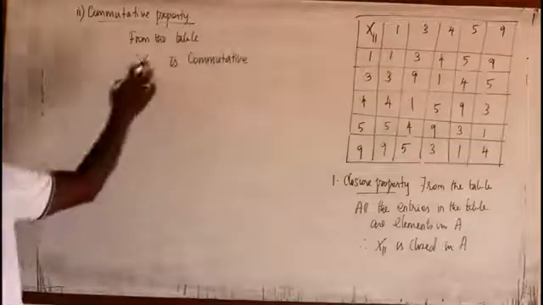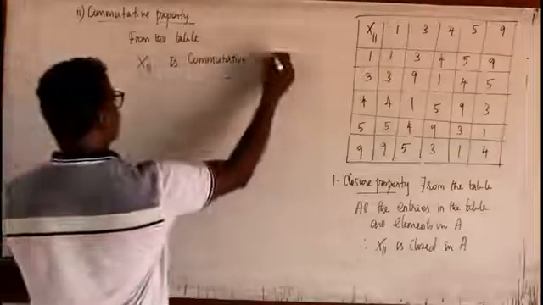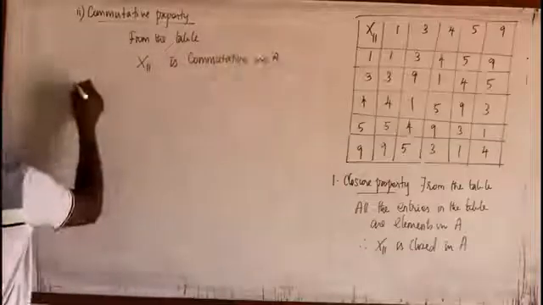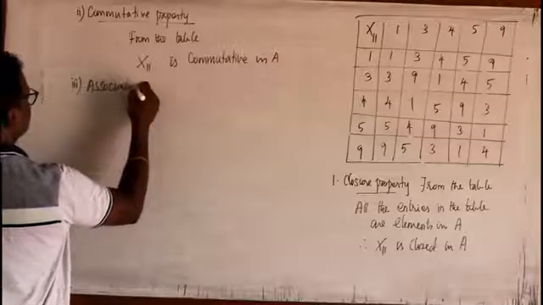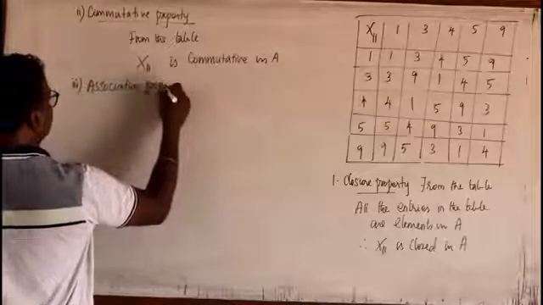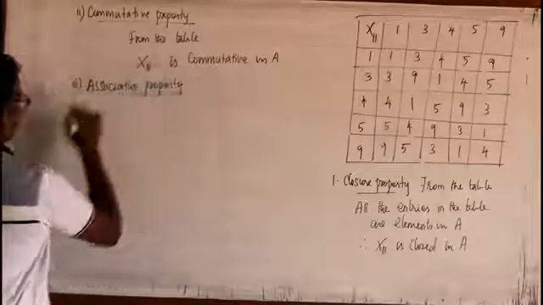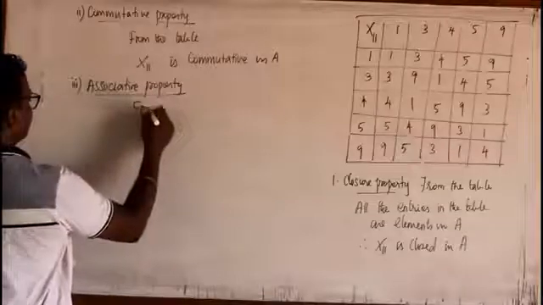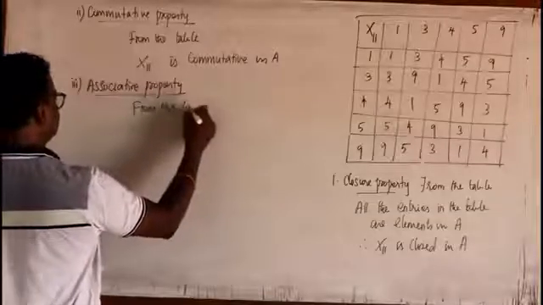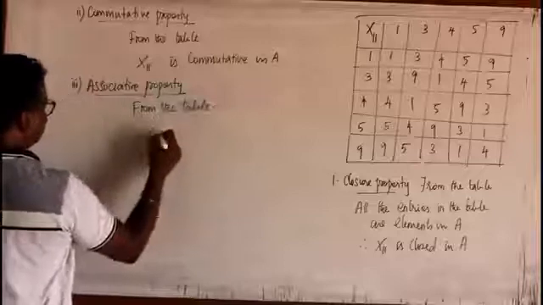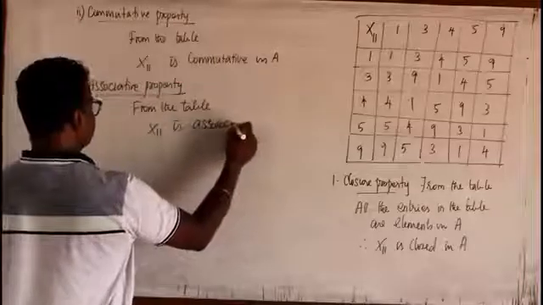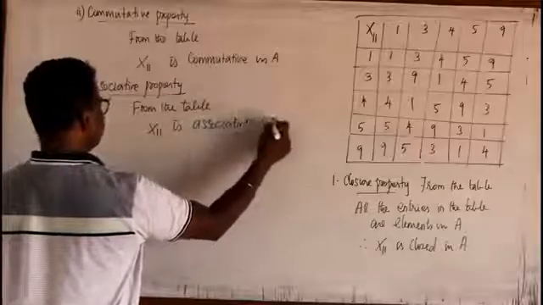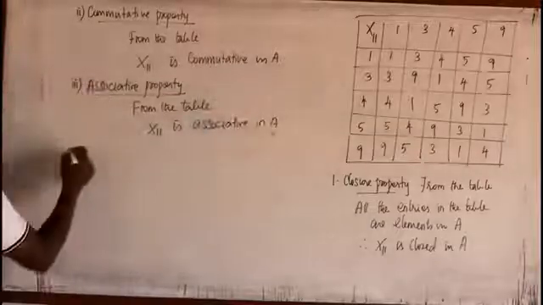Multiplication always obeys commutativity in A. Third one, associative law. Again, multiplication always obeys the associative law. So from the table, multiplication modulo 11 is associative. You can check, but it's not necessary. Multiplication always obeys the associative law.